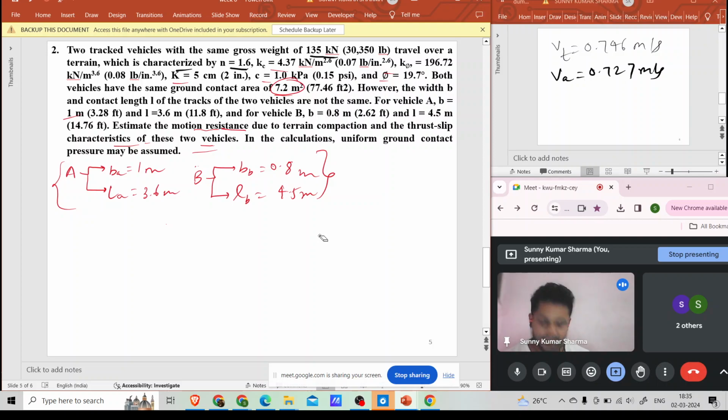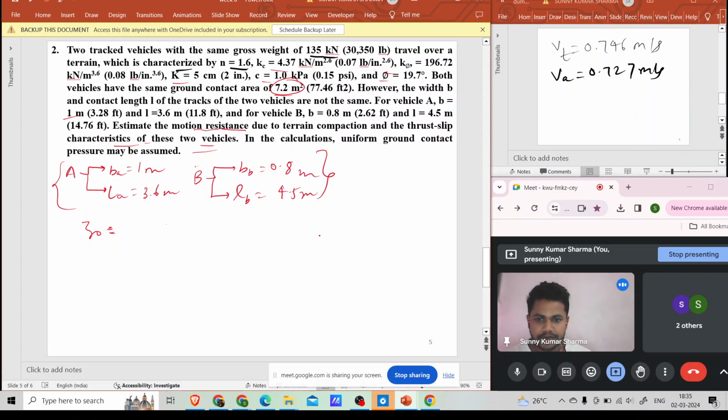So start calculating. First calculate sinkage. Do you remember the formula, that 3W by something? I'll give you the formula. You can calculate directly from it.